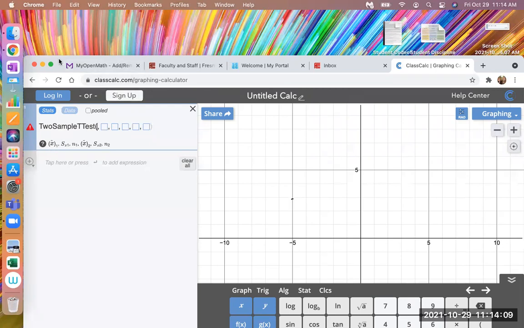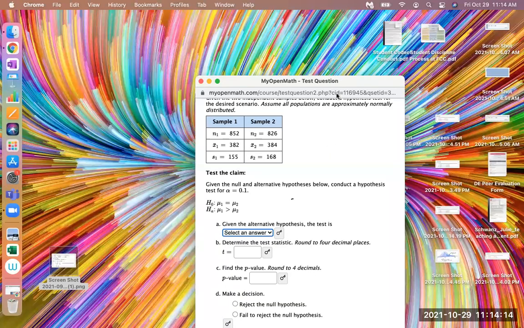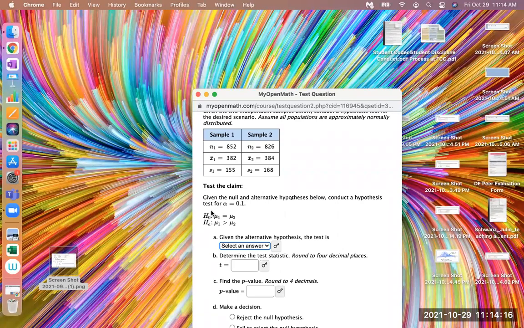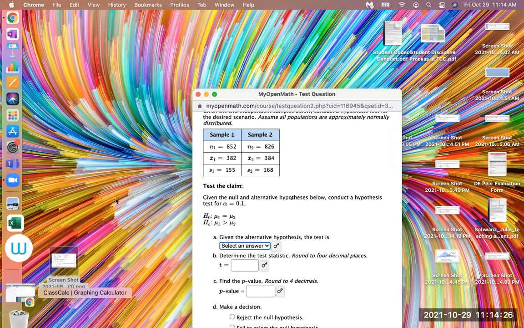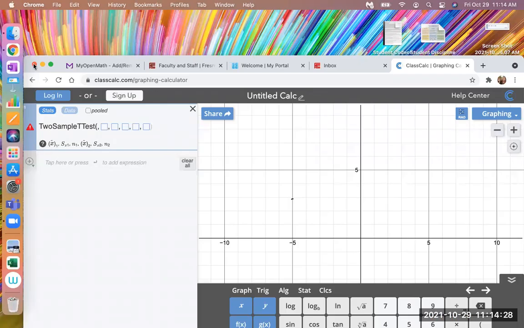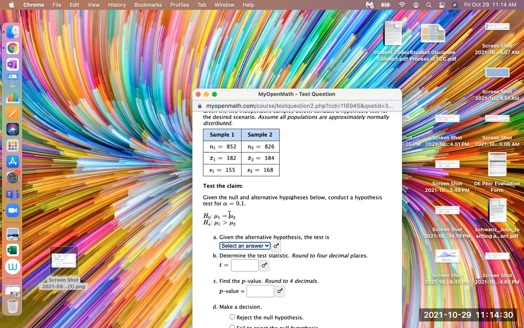We actually have to be careful here. What I like to do is set up my null and alternative hypothesis with population 1 always on the left-hand side, and that is also the first population that I put in the calculator when they say population 1. I have to stay consistent there.